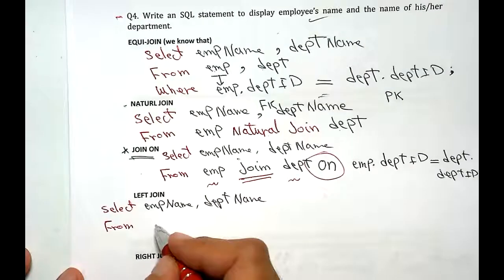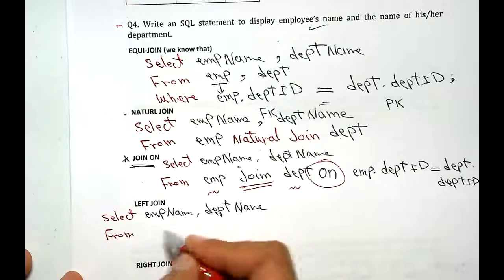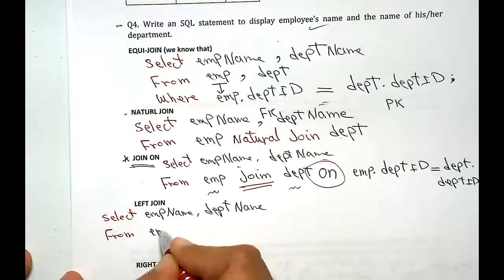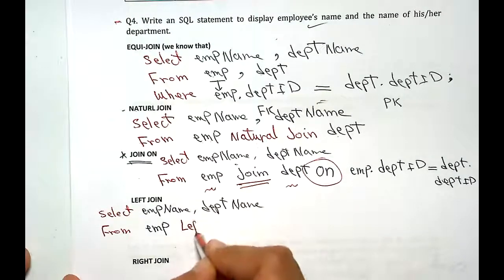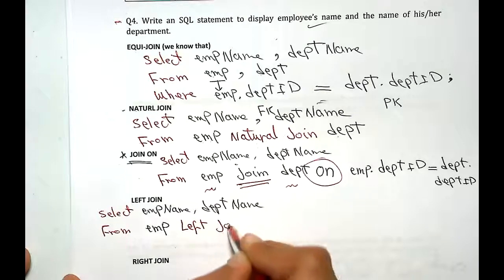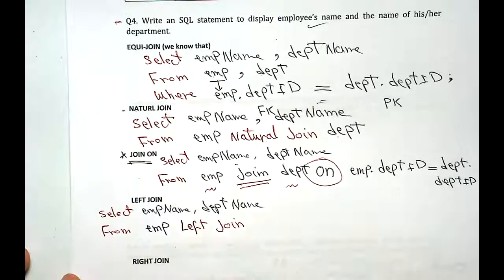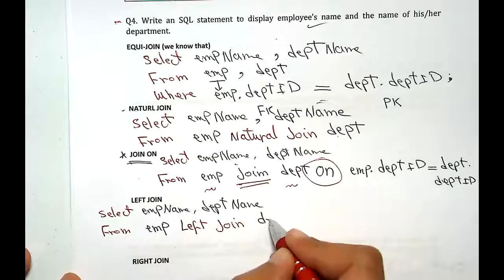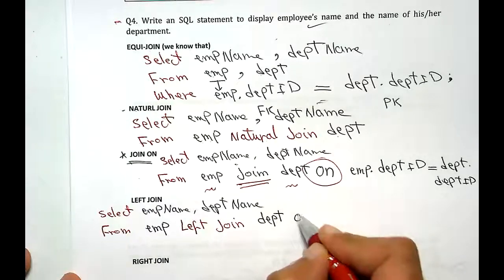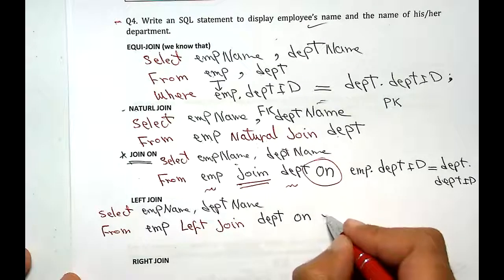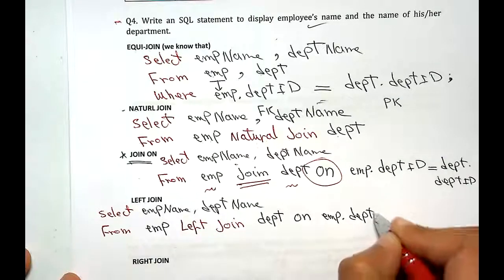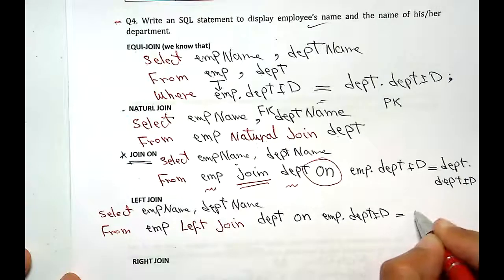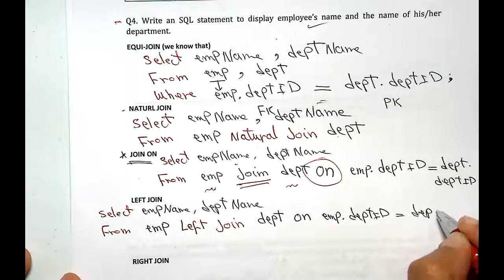So I'm going to link or join between emp left join dept on, and then I put emp dot department ID equals dept dot department ID.